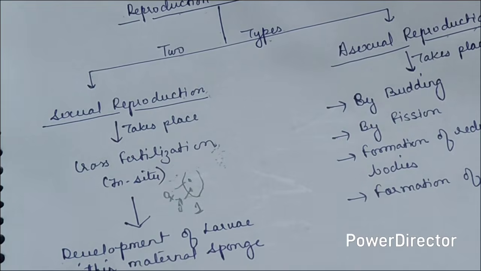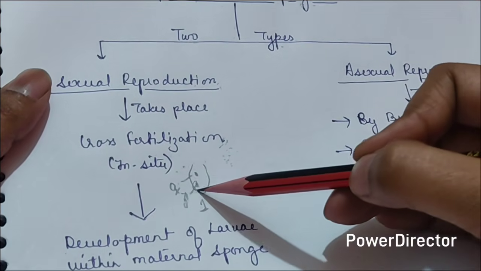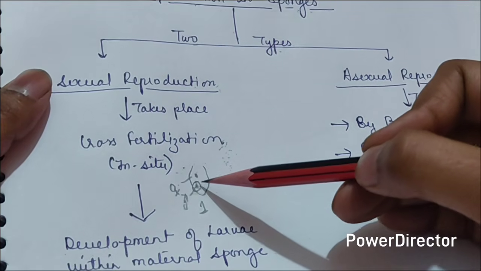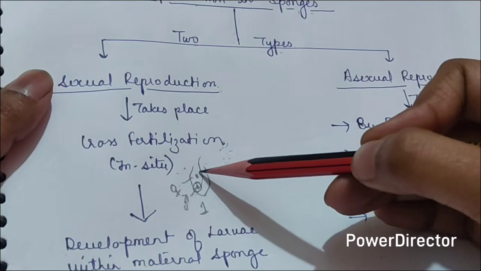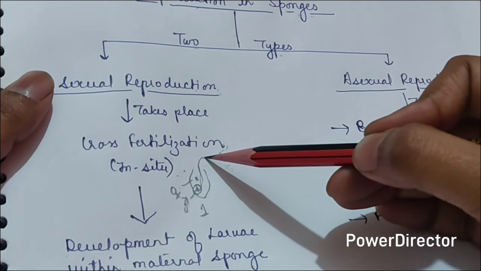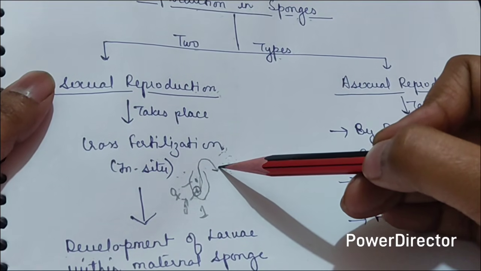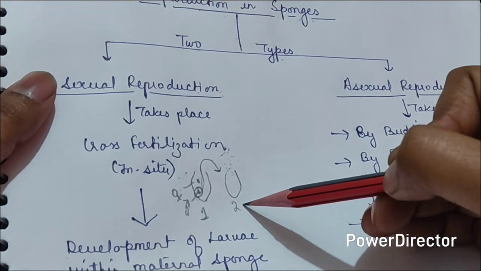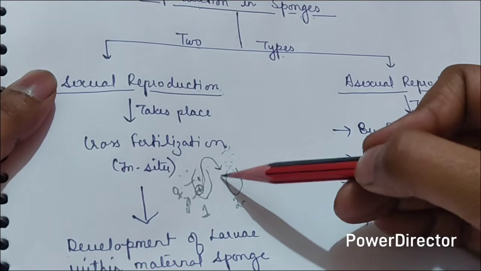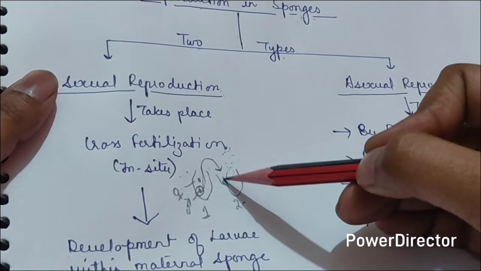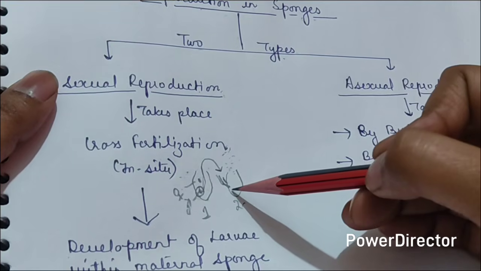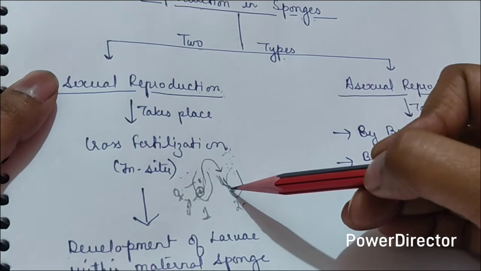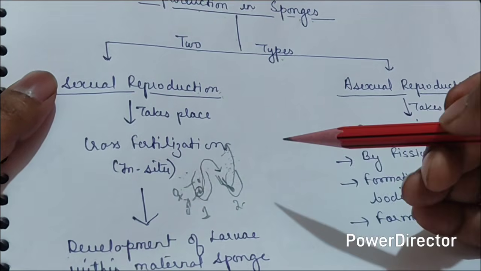Now as we all know that the male gamete matures earlier than the female gamete, so it gets matured, and through the water current this male gamete moves towards the body of another sponge. For example, this is the second sponge. So this male gamete, through ostia, enters into the body of the another sponge, and there it fertilizes with the female gamete, and the fertilization is known as the cross fertilization.